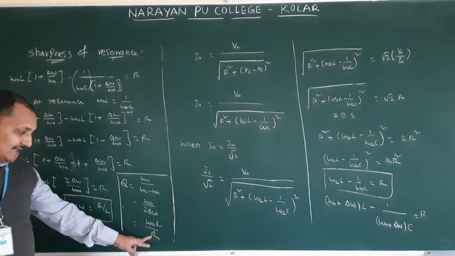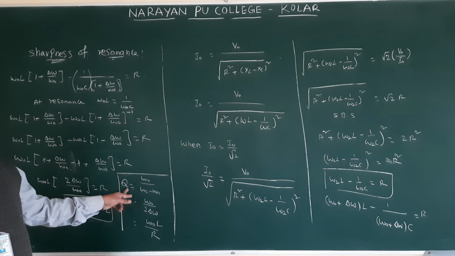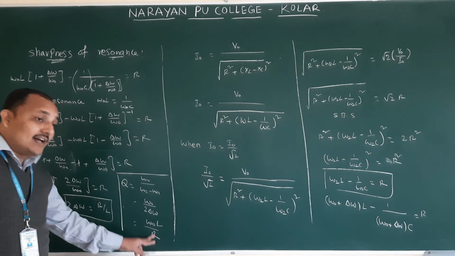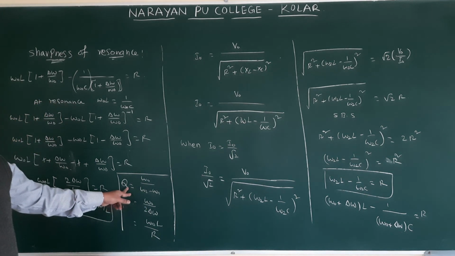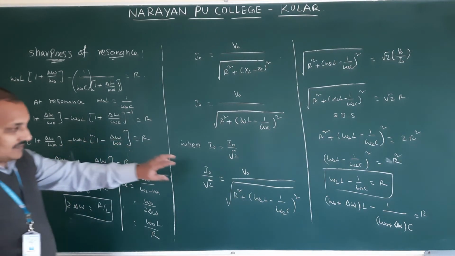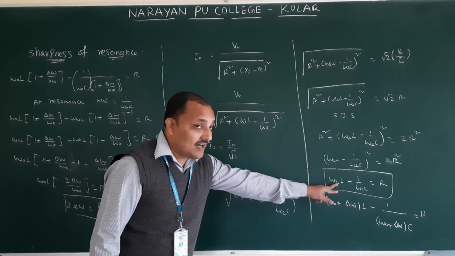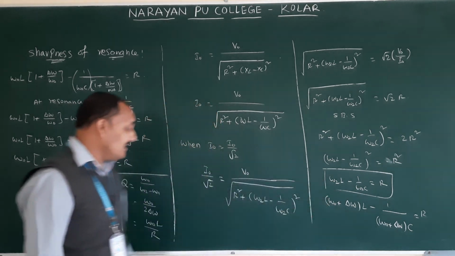By increasing the L value, the inductance value, we are increasing the quality factor. By decreasing the R value, we are increasing the quality factor. This one we got if you substitute in place of omega 2. In place of omega 1, if you substitute, same like this you will get.